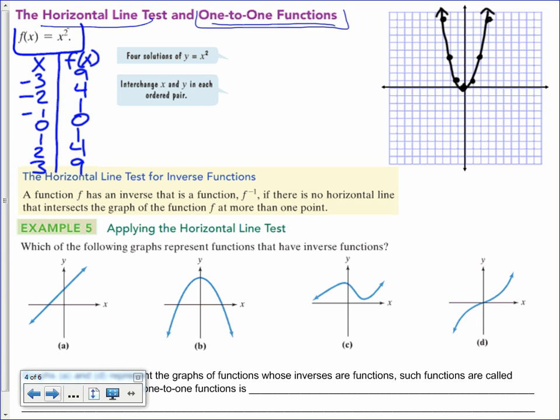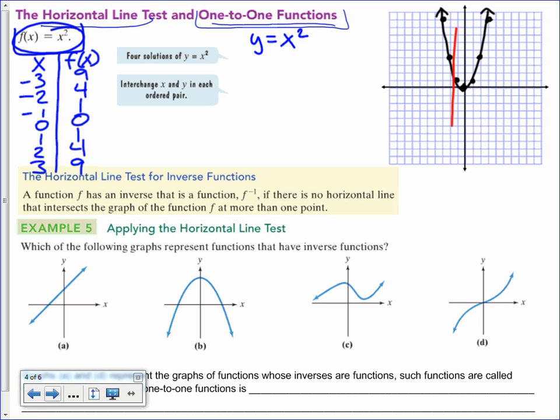And so if we perform the vertical line test, is it going to pass it? Yes, it does, right? Anywhere in the function, it will. Now, let's try to find the inverse of that function by following the steps. So we start with the function f of x is equal to x squared, and then we replace f of x with y.